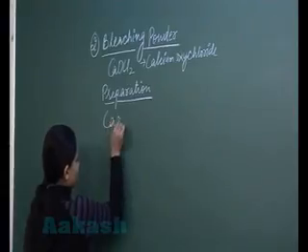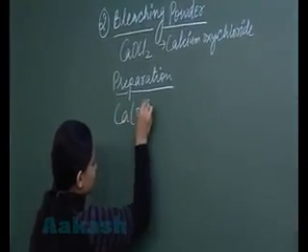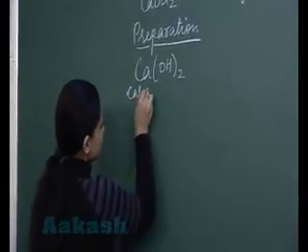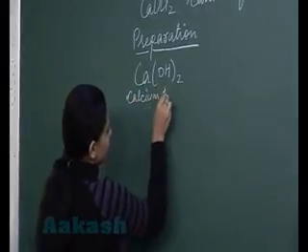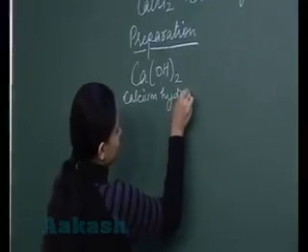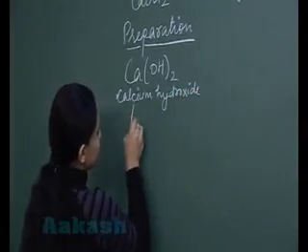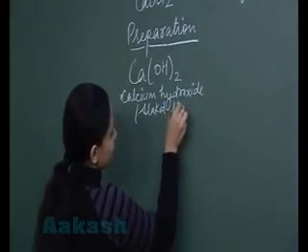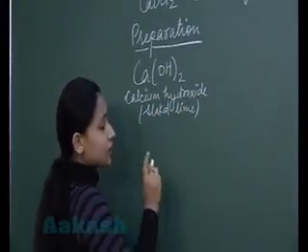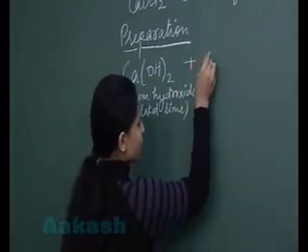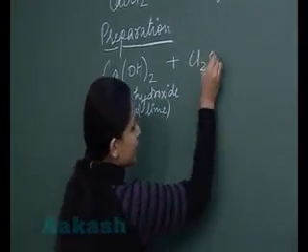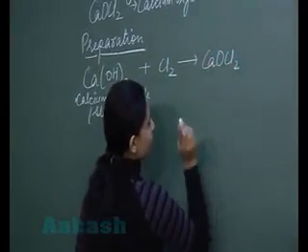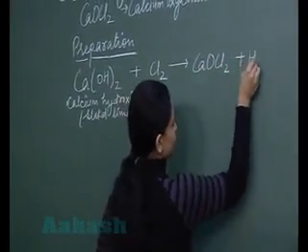So if we have dry slaked lime, students, slaked lime is calcium hydroxide. This is slaked lime, the common name. Upon the action of chlorine gas on slaked lime, we get bleaching powder, which has the formula CaOCl2, along with the formation of water.